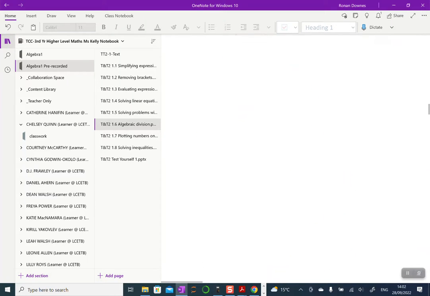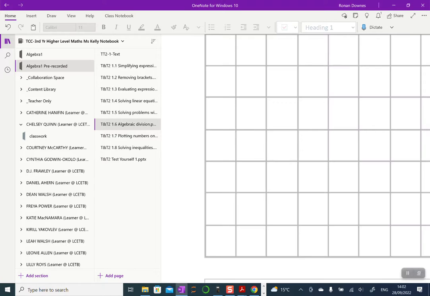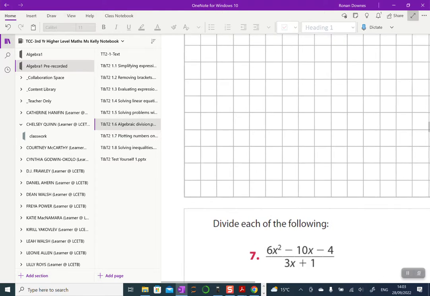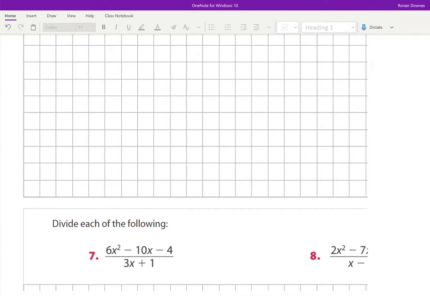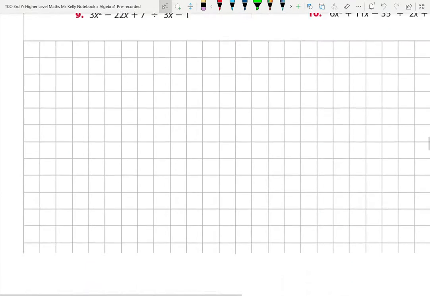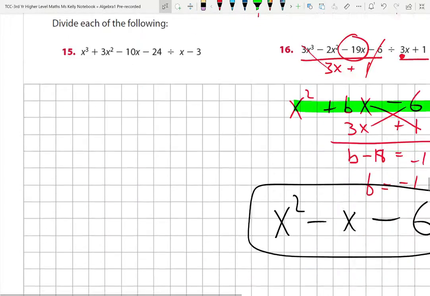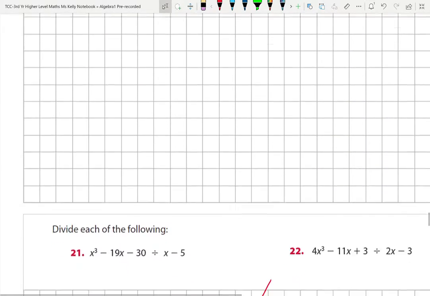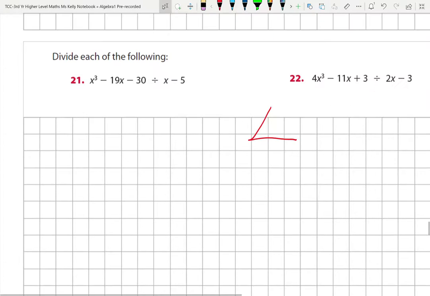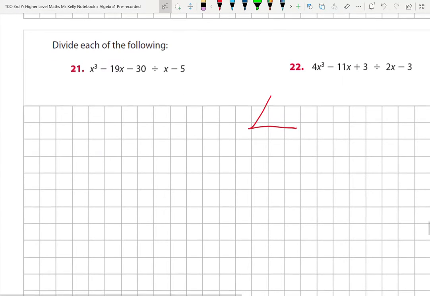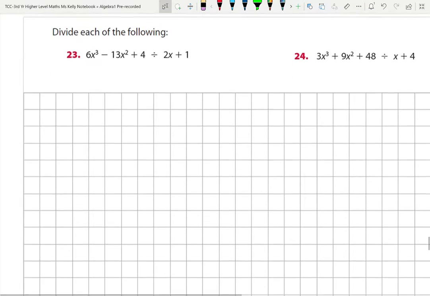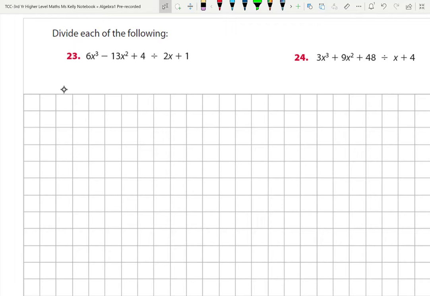Let's write it like this. Divide the ends.